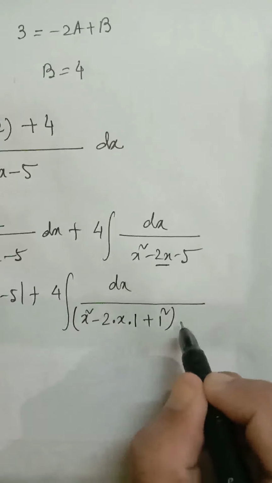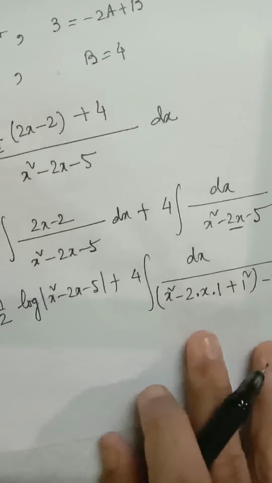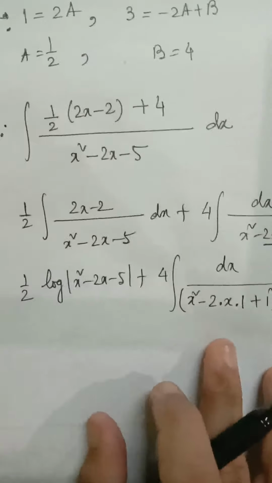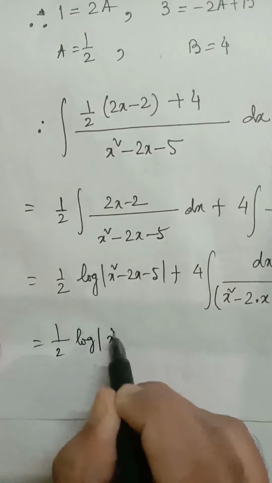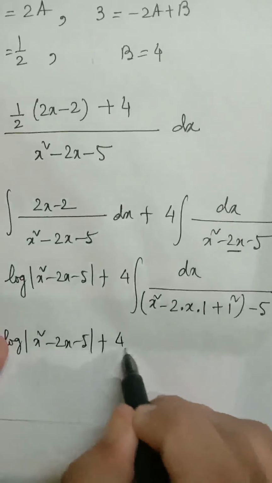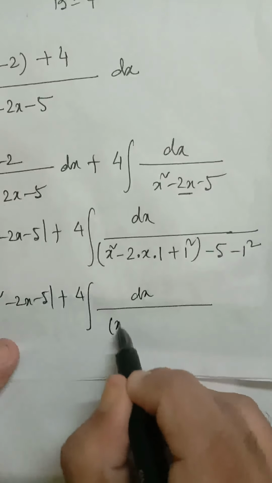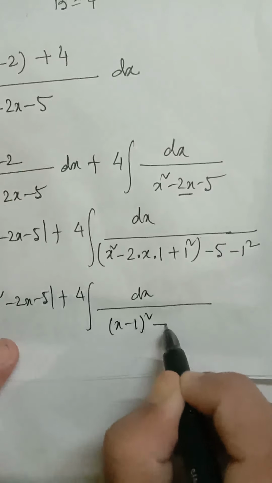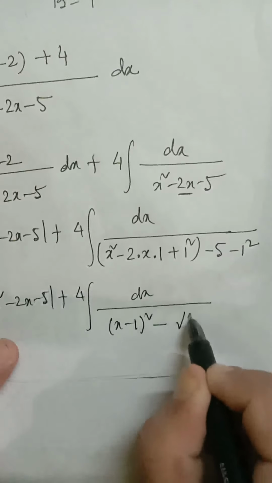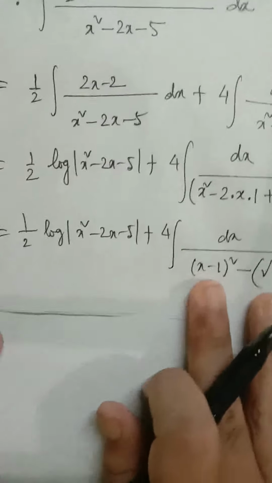I have written plus 1 square, to adjust I have to write minus 1 square. So half log of (x² − 2x − 5) plus 4 times the integral of dx by (x − 1)² − 6, we can write (√6)².